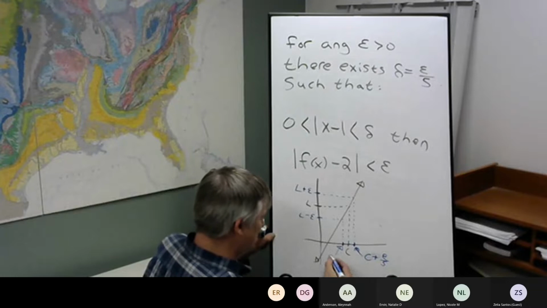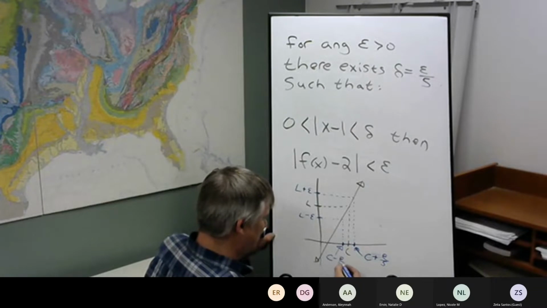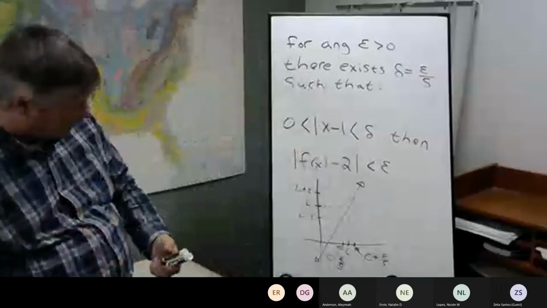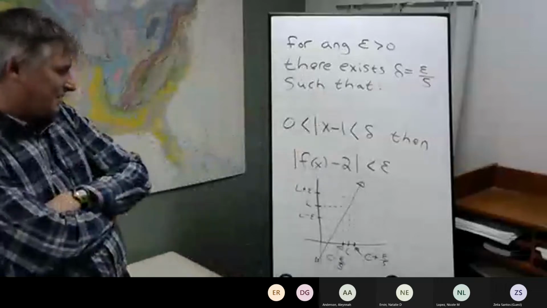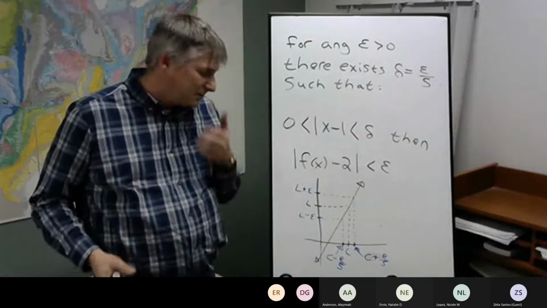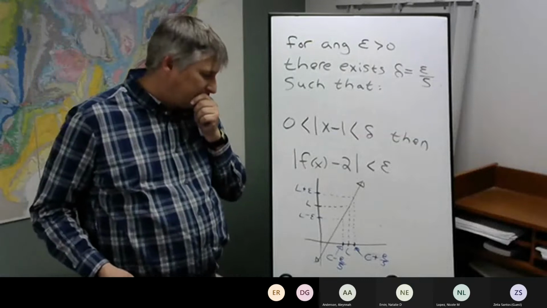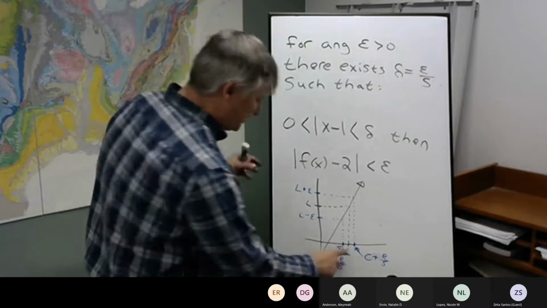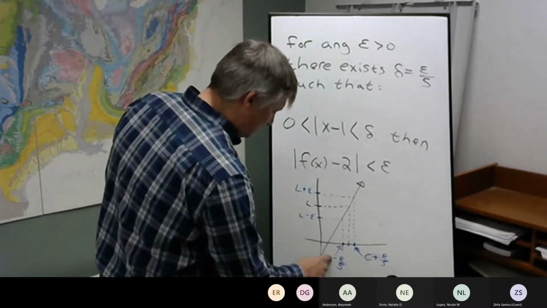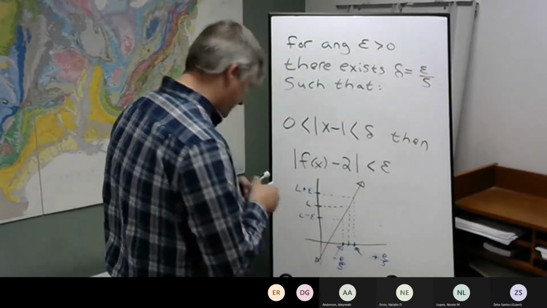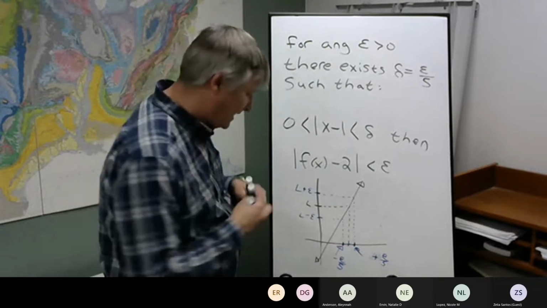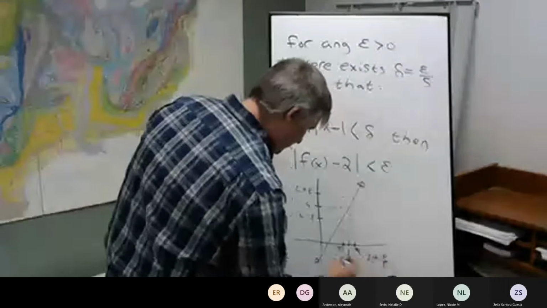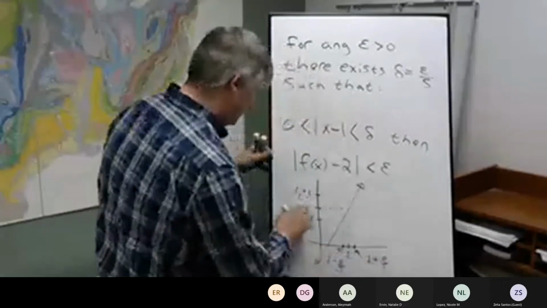And this one, C minus epsilon over 5. So the funny thing about this one, to make this work, let me change this. Instead of C, we're going to do some board surgery here. Let's call it 1, because that's what it is. So we have 1, 1, 1.